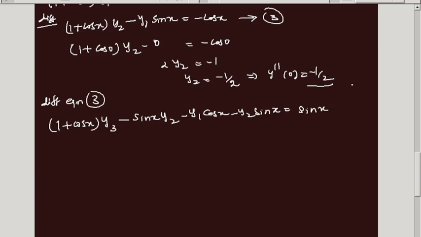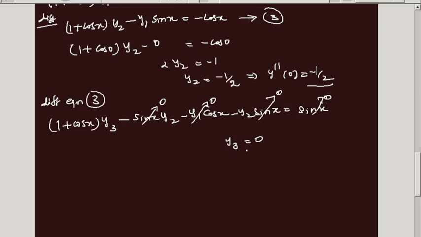If we substitute the values, y1 is 0, so this is 0, sin 0 is 0, so this also 0, this also 0, this also 0. So here y3 is nothing but 0.